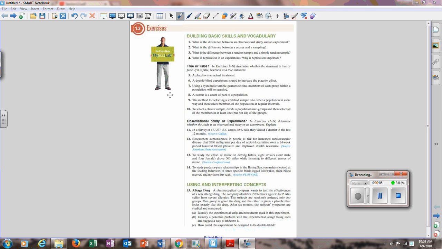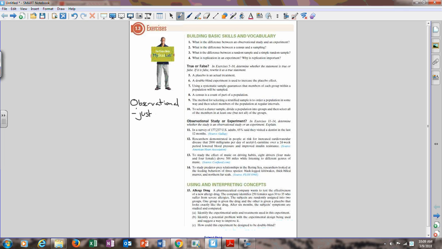All right, let's review the odd questions here. What is the difference between an observational study and an experiment? In an observational study, you just observe responses to it.